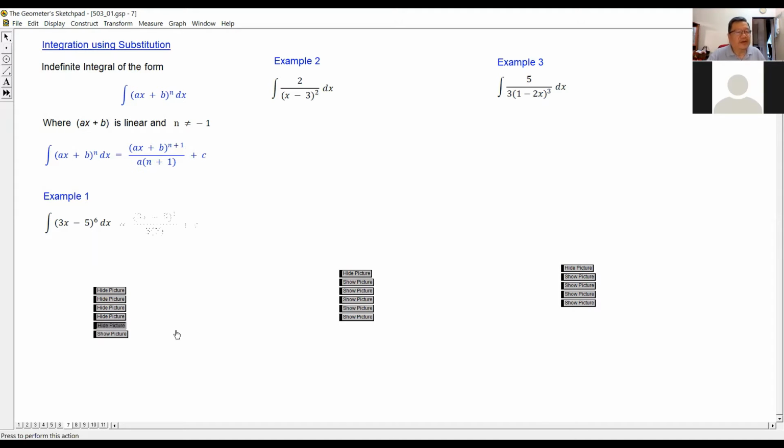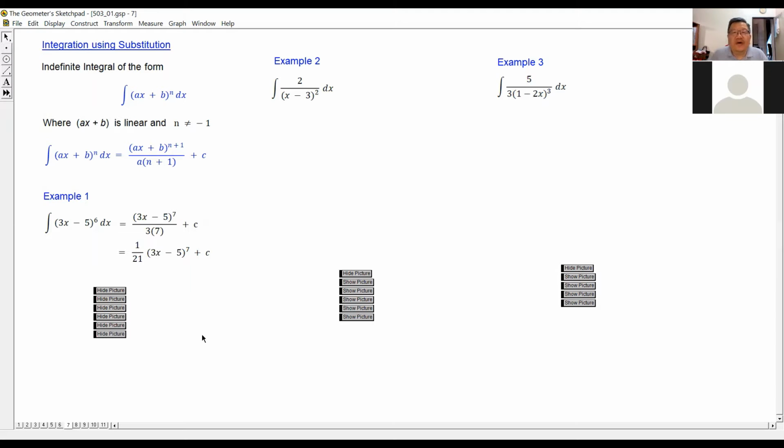To integrate this type of function, you just integrate as usual: the whole bracket, you increase the index by 1, and at the same time you divide by this new index and also the number in front of x. That's all, this is the answer already. If you want to simplify further, it becomes 3 times 7, 21, then (3x minus 5) to the power of 7, plus c.